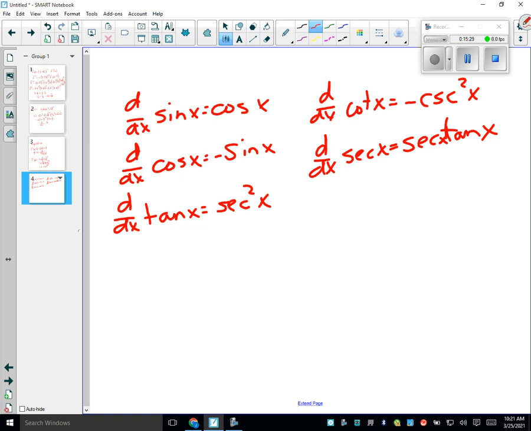What is the derivative of cosecant of x? Negative cosecant x cotangent x. Okay, that's what this section is, a review of the trig functions, because you are supposed to know these.